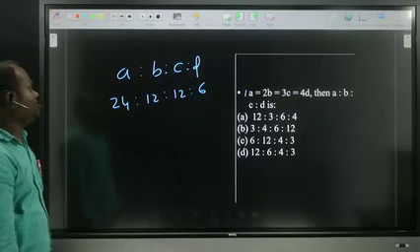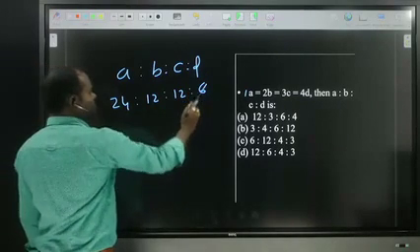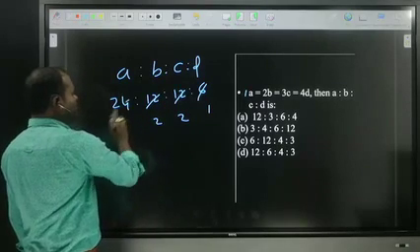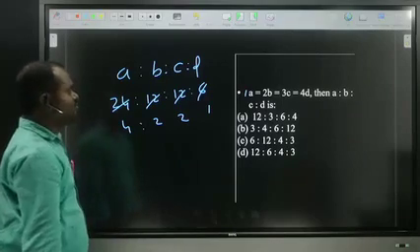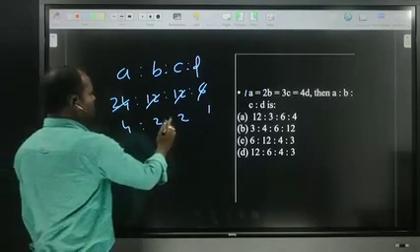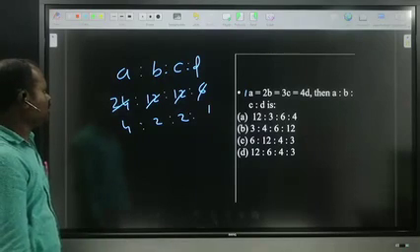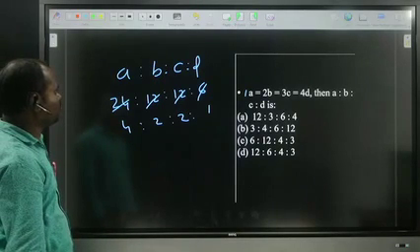If you observe carefully, we get 24, 12, 12, 6, so 4 is to 2 is to 2 is to 1.